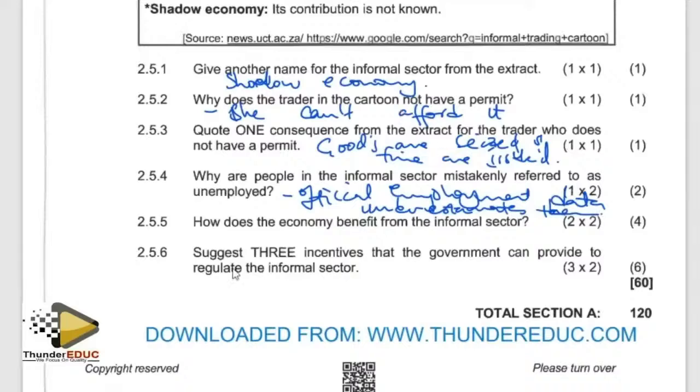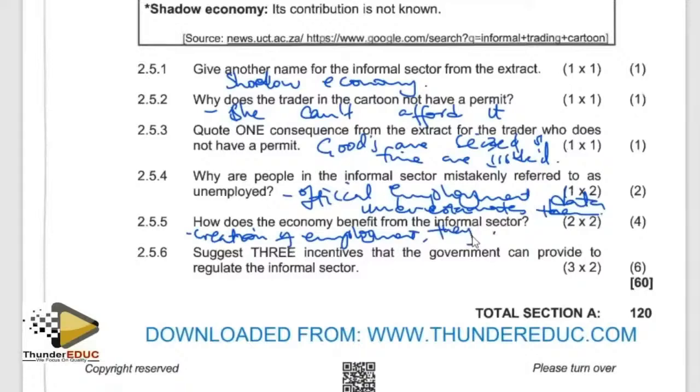Okay, how does the economy benefit from the informal sector? First of all, the creation of employment. So they benefit because people are employed. Besides that, these people also pay tax.